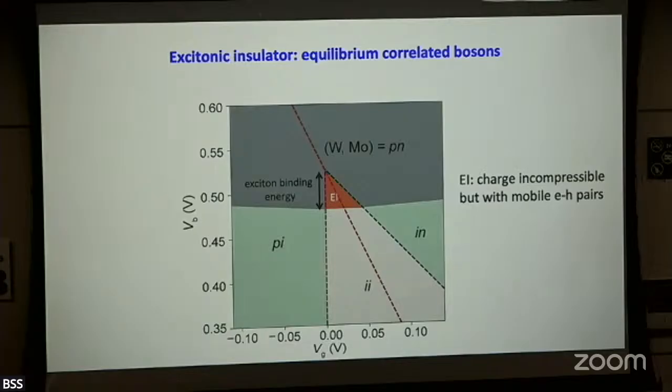And this dashed line is the configuration for electron equals hole. Then we are going to examine what happens along this line.